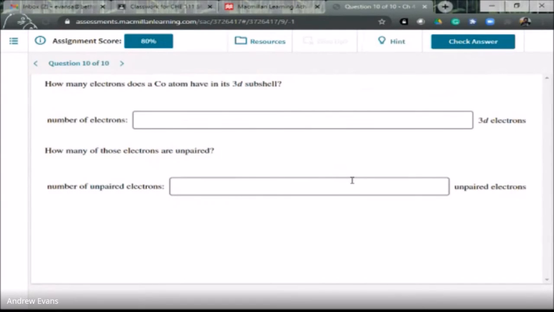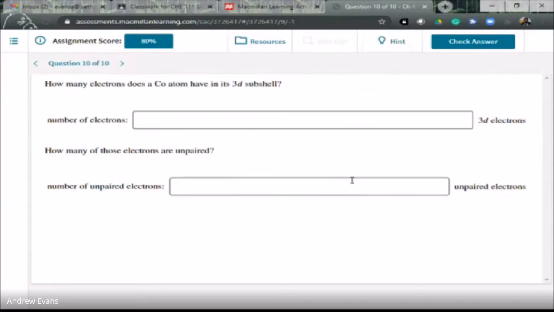But this is the only one that's maybe somewhat tricky. You've got to think, how many electrons does cobalt have in the 3d subshell? Cobalt has 5 degenerate orbitals in the 3d subshell. How many electrons does it have?